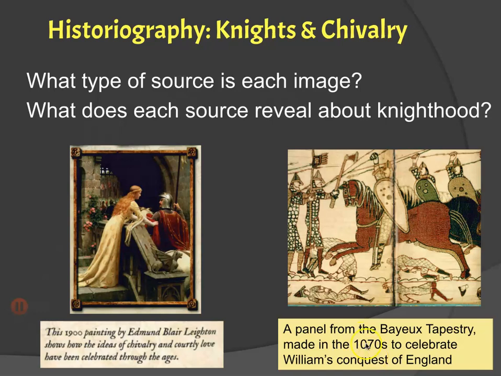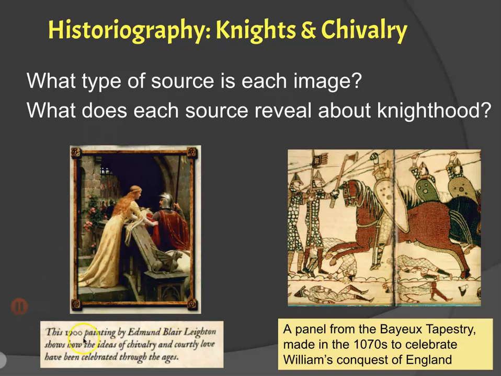The first question's a bit easier. It's showing that you need to hone in on when this is being produced to recognize that this is a primary source, since it's happening during the Middle Ages, made during the events that it's describing. The Middle Ages are between 500 and 1500, and this is located in the 11th century, so it's part of these medieval events.